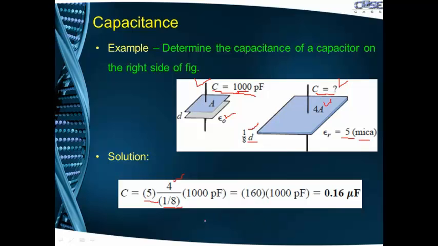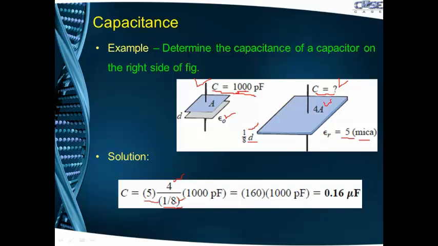So this capacitance of 1000 microfarad would increase 4 times due to 4 times increase in area, 5 times increase due to the material, and 8 times increase due to the separation, because the separation is reduced by 8 times.